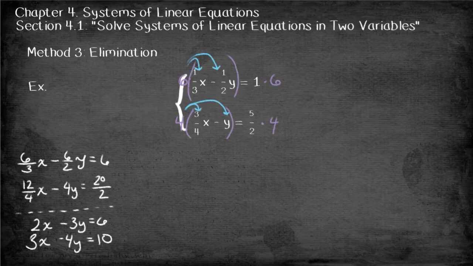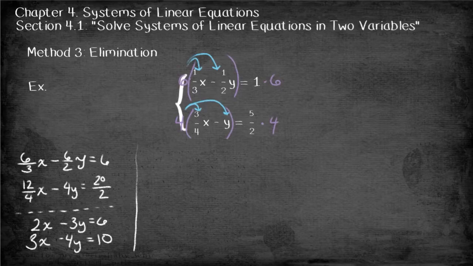Okay, so now I don't have any fractions. Next, I have to decide beforehand which of the variables I want to eliminate. It doesn't really matter. Sometimes it might be easy, like in the first example, the coefficients were already opposite, so it was pretty clear. For this one, it doesn't really matter too much.